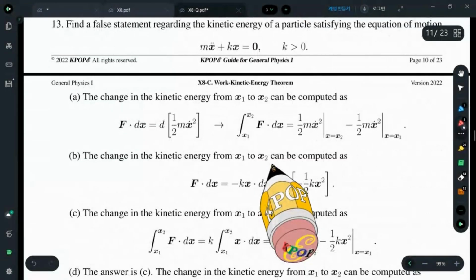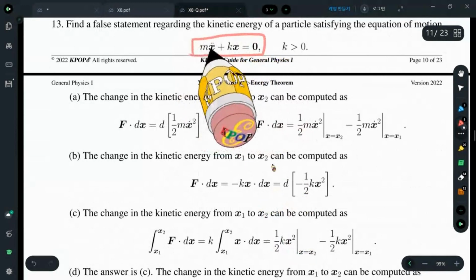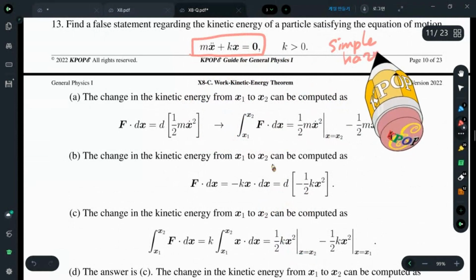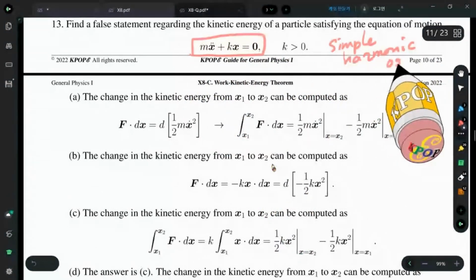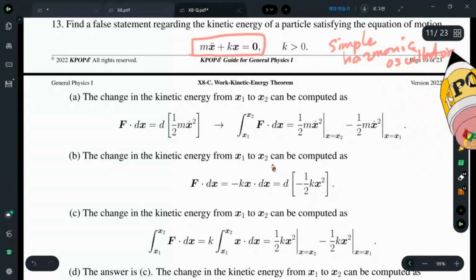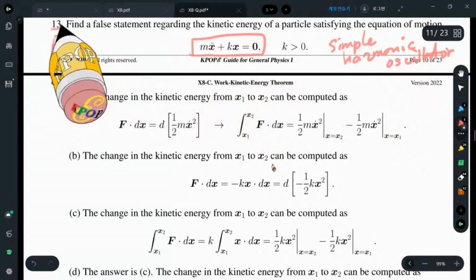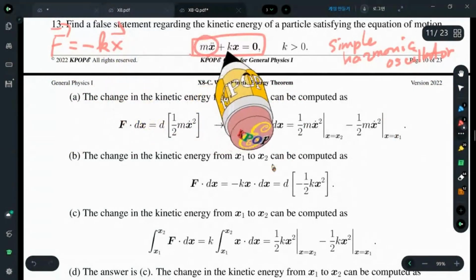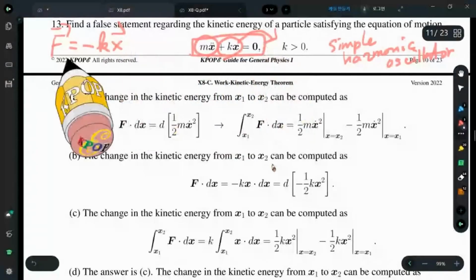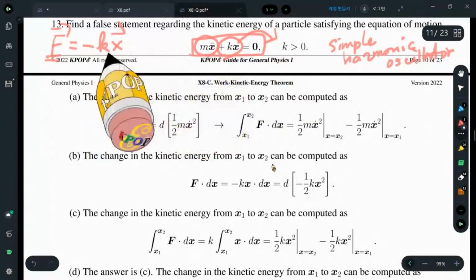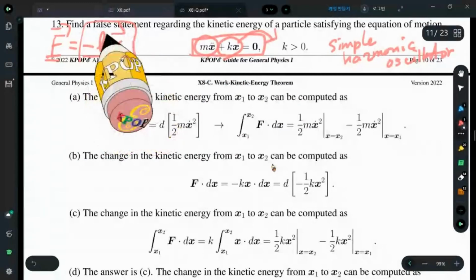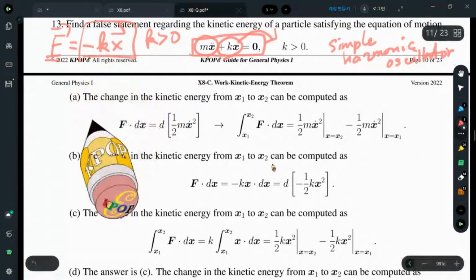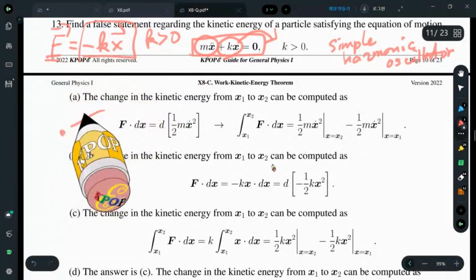Number 13, this is an equation of motion for the simple harmonic oscillator. The simple harmonic oscillator experiences a force that is minus kx, because this is F. If I move this to the right-hand side, the net force applied to this system is minus kx, and this means k is positive, and this indicates that the force is toward the origin.